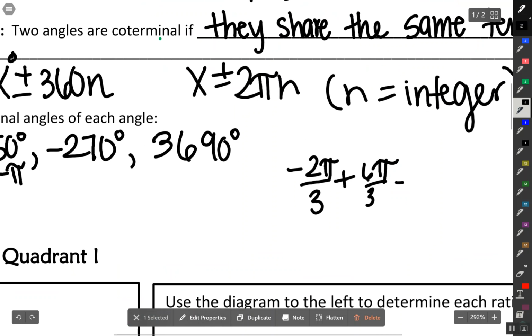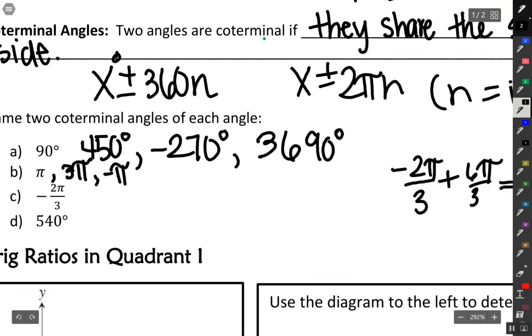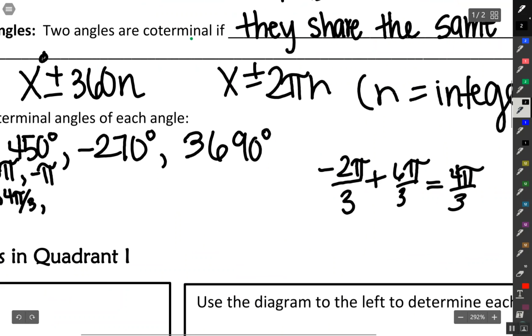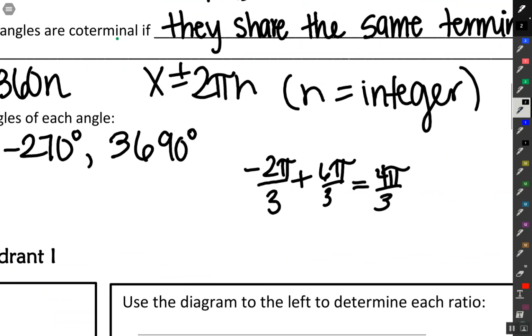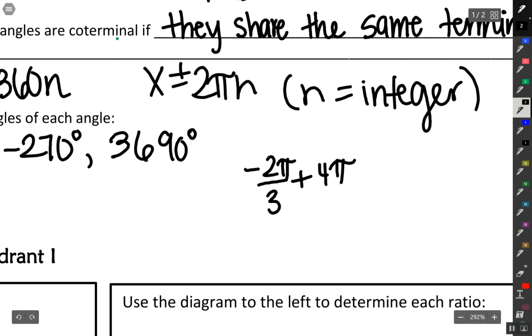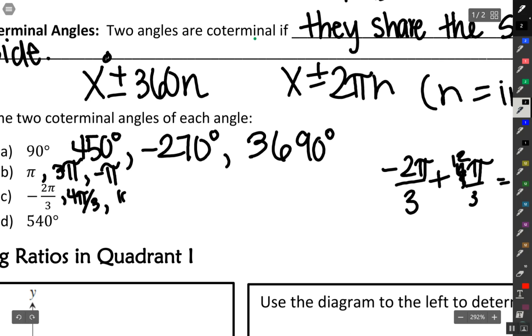Then adding them together, negative 2 pi plus 6 pi, 4 pi over 3 would be coterminal to that. Or maybe I'll add 4 pi, because that's a multiple of 2 pi, right? So 4 pi, multiply by 3 over 3, I get 12 pi over 3. That gives me 10 pi over 3. Remember, you can find your own examples. There's an infinite number of examples here.